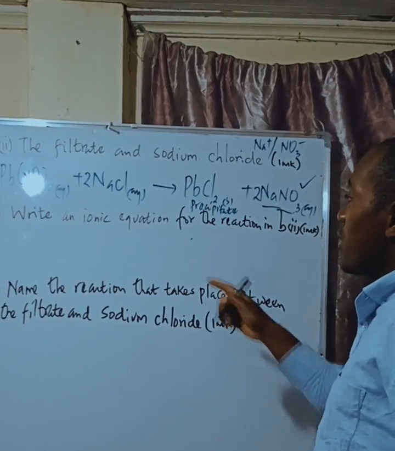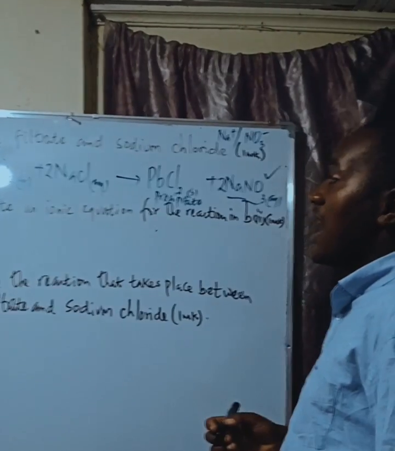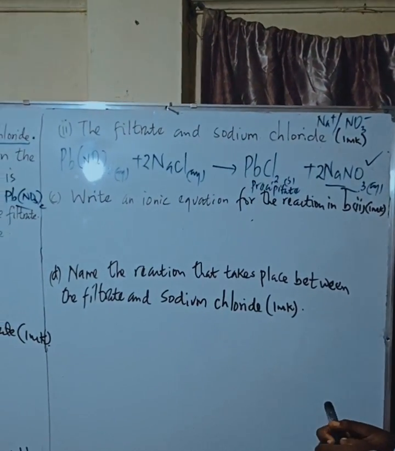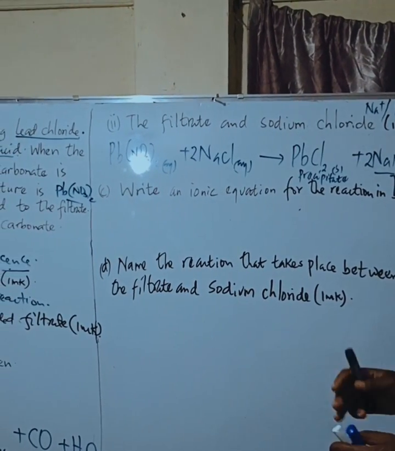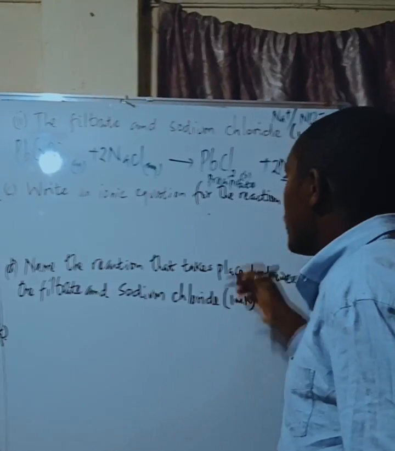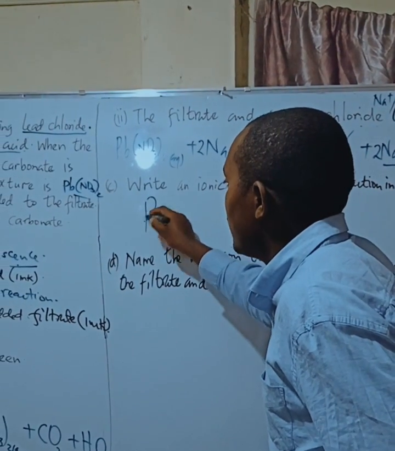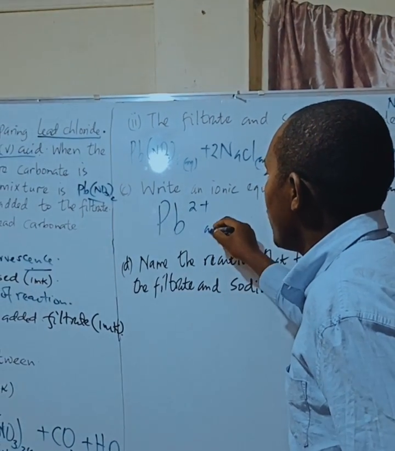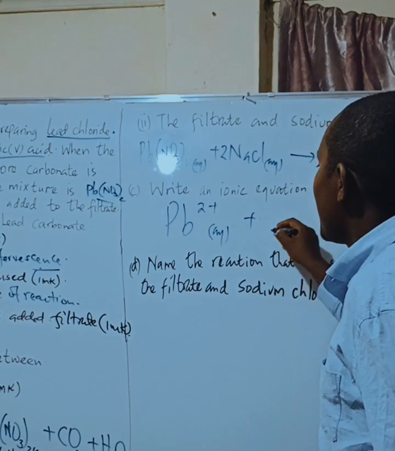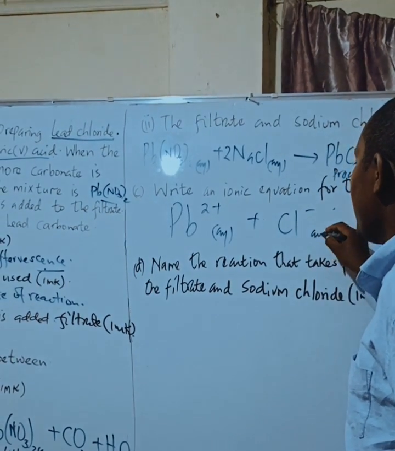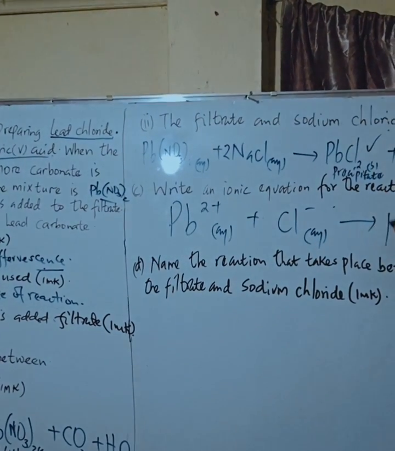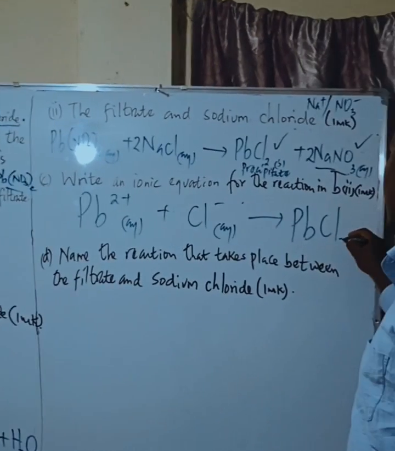So write the ionic equation for the reaction. An ionic equation is an equation that involves ions that undergo change. So ions that undergo change are lead ions that form lead chloride. So it's lead ions from lead nitrate plus chloride ions from sodium chloride to give us lead chloride, which is a solid.